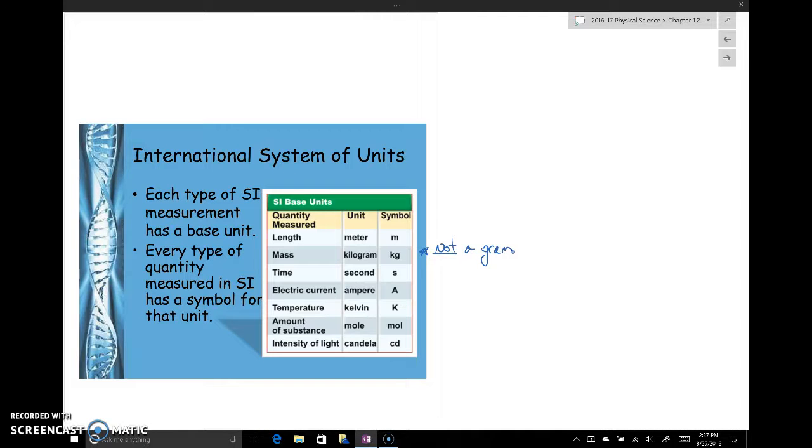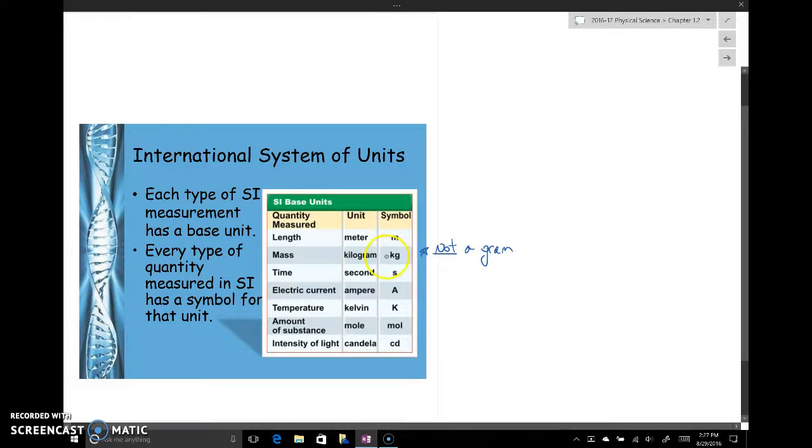Everything that we measured would be lots of grams because a gram is about the same as the mass of a Post-it note. So not a whole lot. So we use a unit 1,000 times bigger than that as our base unit. All the other ones have no prefix, but the mass does. Our standard unit is a kilogram. So that's really important to remember.